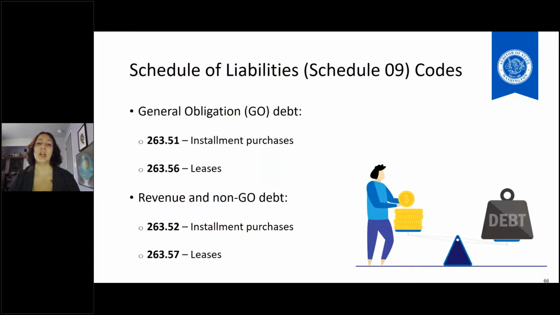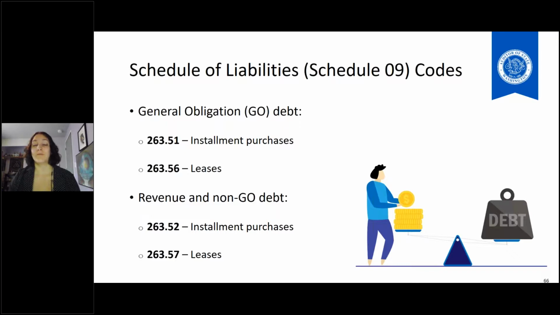Just as a reminder, general obligation debt is debt that you've pledged the full faith, credit, and taxing power of your government. Now, it's probably pretty unlikely that you're going to pledge the taxing power of your government to make a copier payment. But there might be other leases out there, like a really big land or building lease, where you did pledge the taxing power of your government.